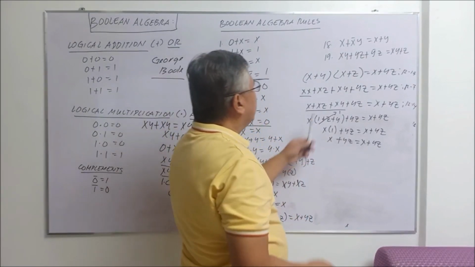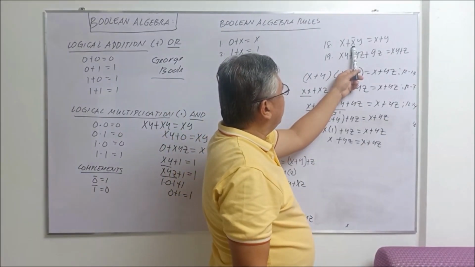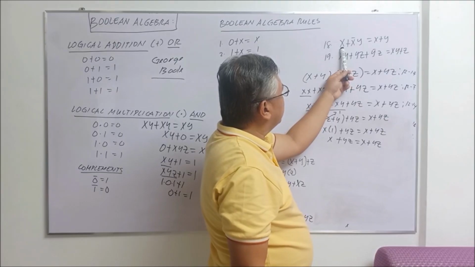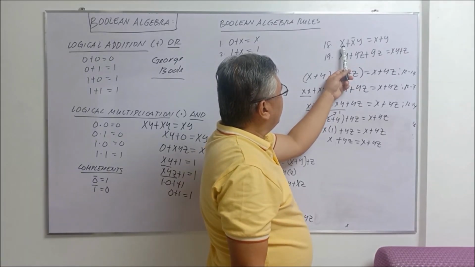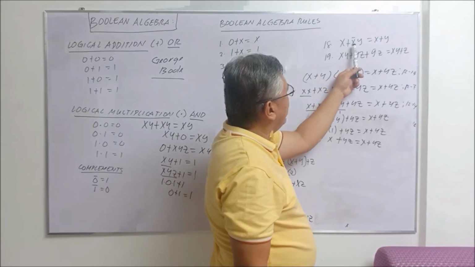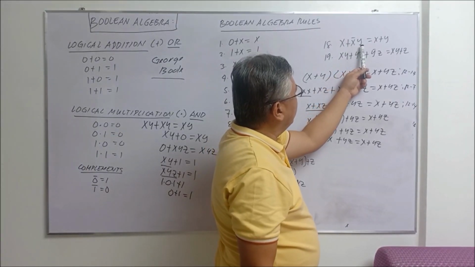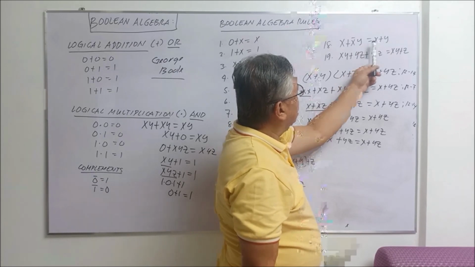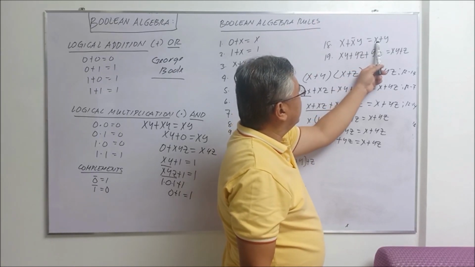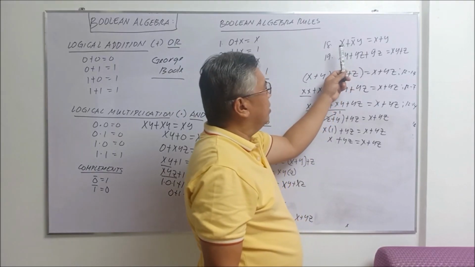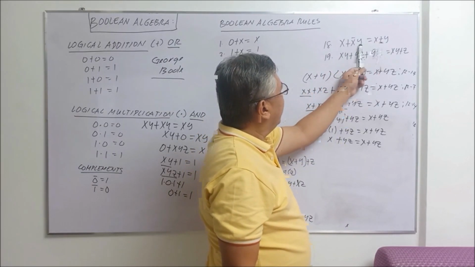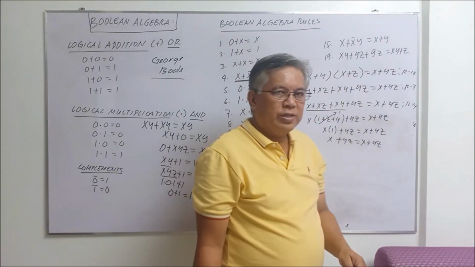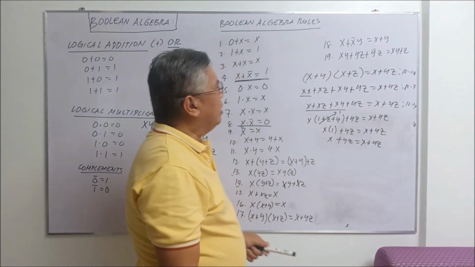If you notice, the complement of x, which is a single variable, the complement of x in this case is x bar, which is being multiplied to another variable. Okay? x complement here is eliminated. So what remains here is your x, y. The complement is removed. Okay?